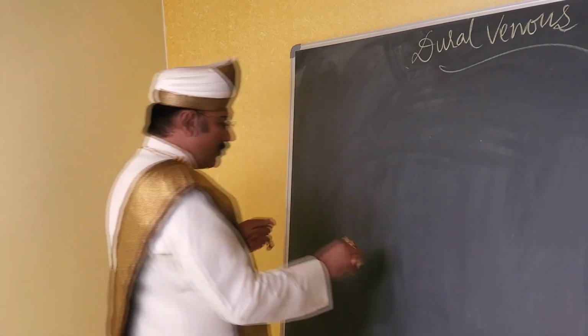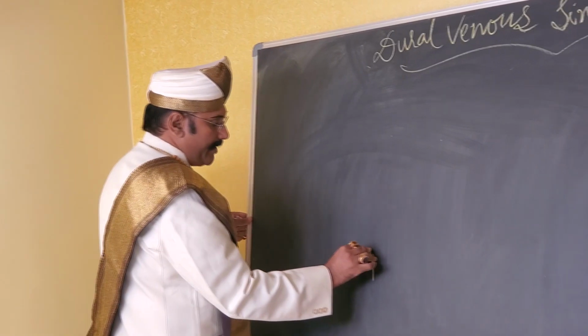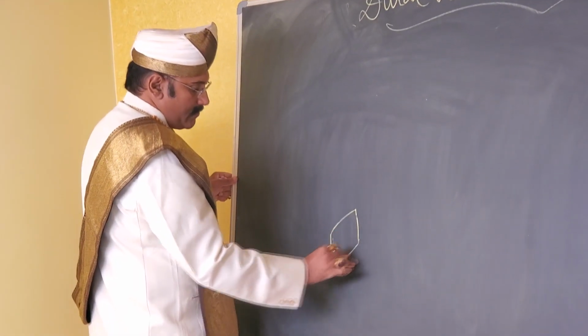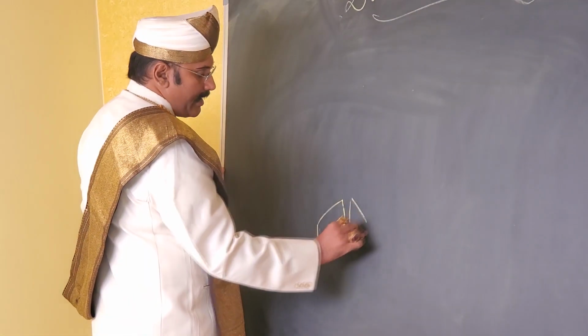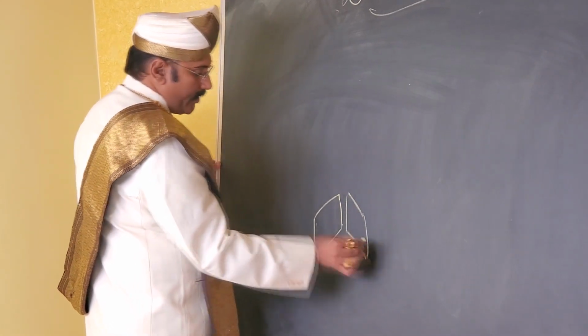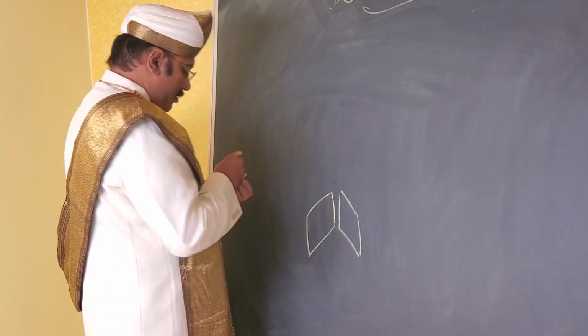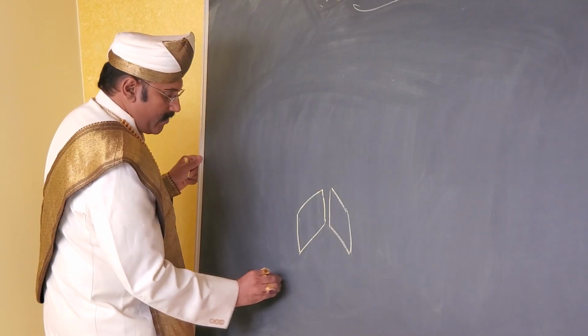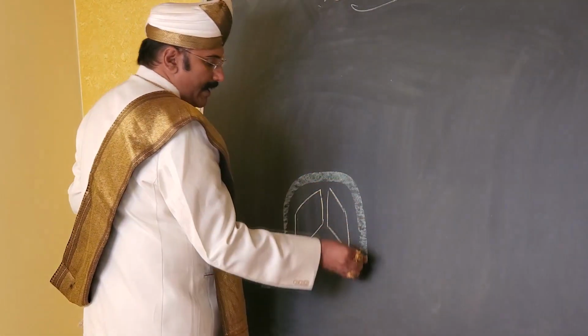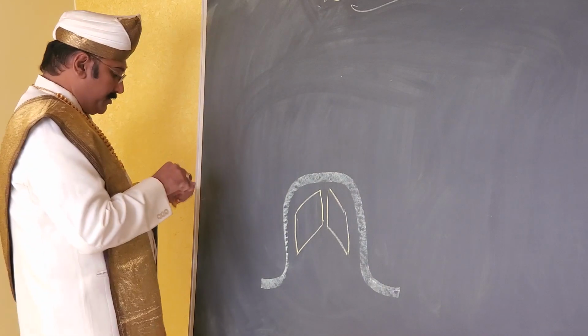Now please look at the board. Here we are trying to draw the sphenoidal air sinuses. And here we have the endosteal layer of the dura mater.